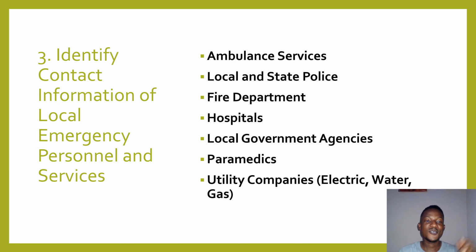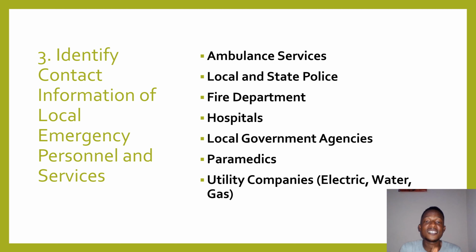So the third step is to identify contact information of local emergency personnel and services. So it is very important you identify services outside your school premises that are important in managing emergency situations.